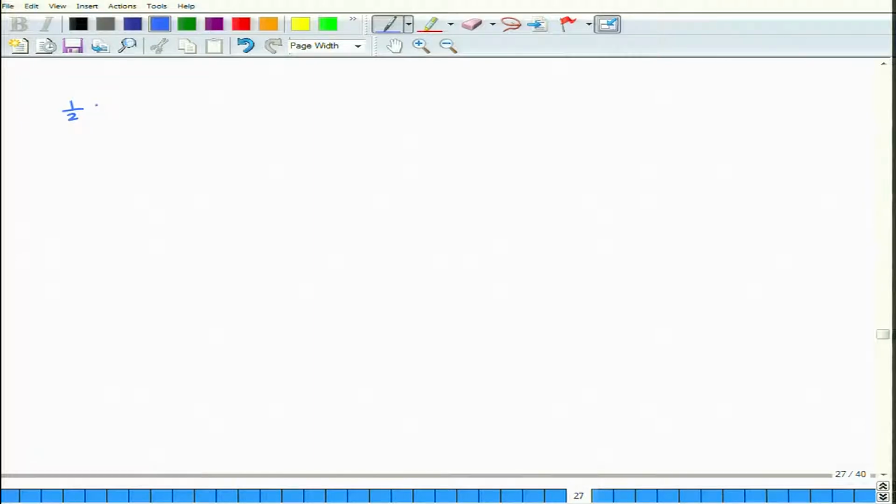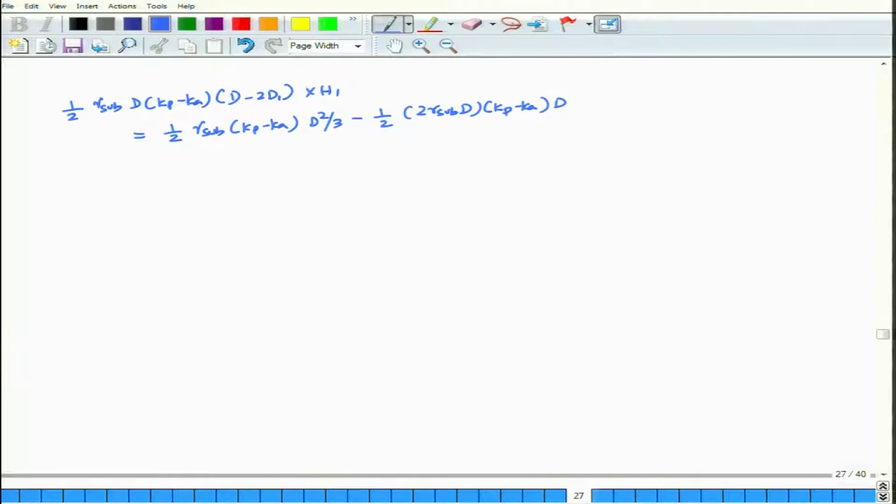Half gamma submerged d (Kp minus Ka) into (d minus 2 d1) into H1, which is equal to half gamma submerged (Kp minus Ka) d square by 3 minus half into 2 gamma submerged d (Kp minus Ka) d1 square by 3.